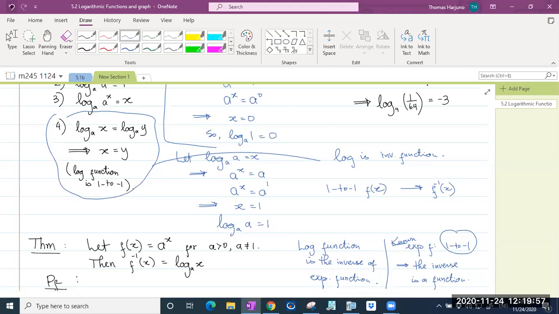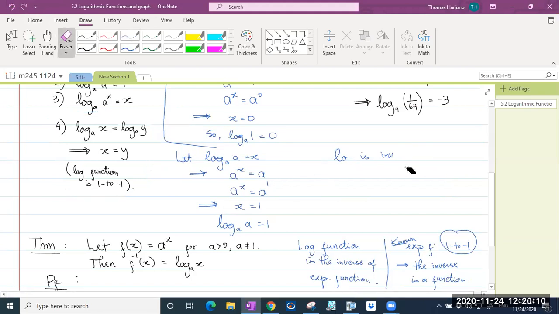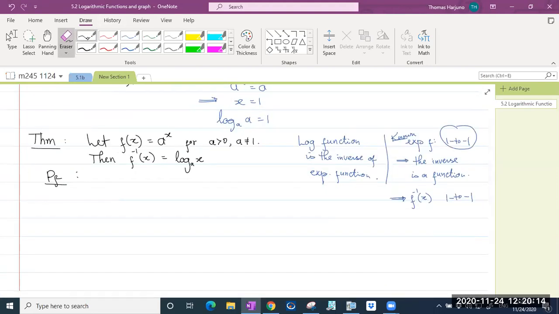Okay, now let's go back and answer that question. Show the proof that log function is inverse of exponential function. Step 1, I basically do the inversing. Step 1, y equals a to the x.